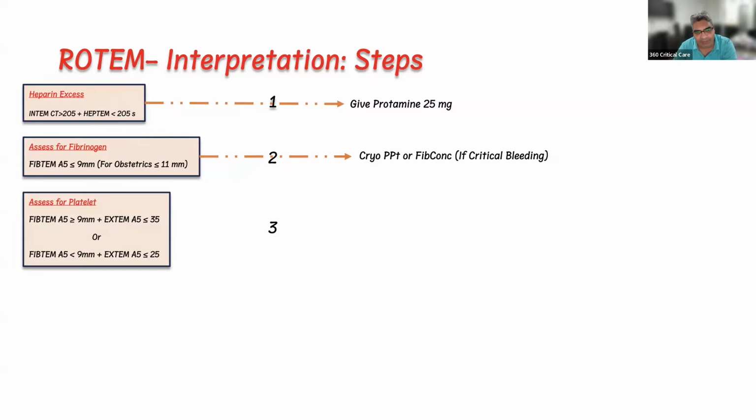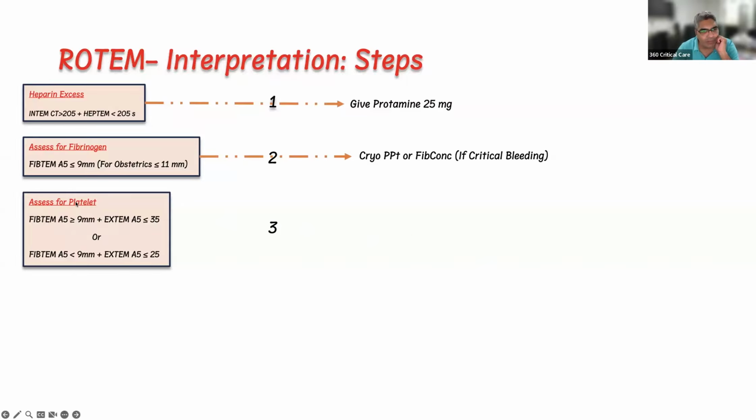If the clotting time is high both in FIBTEM and EXTEM, you know that it may be due to fibrinogen or due to platelet or both. But if the FIBTEM is normal and EXTEM is abnormal, that means there is a problem of platelet.